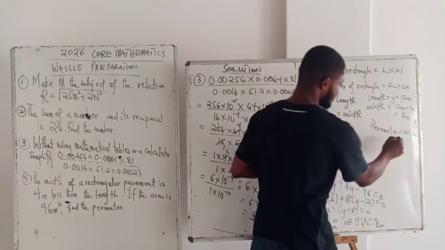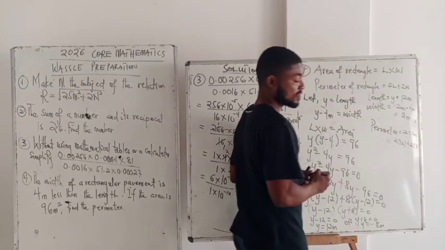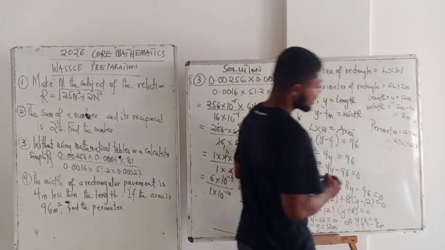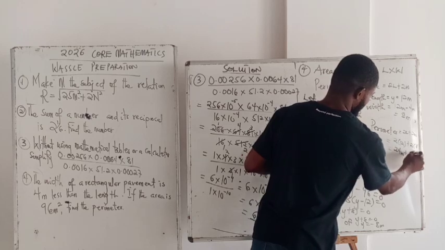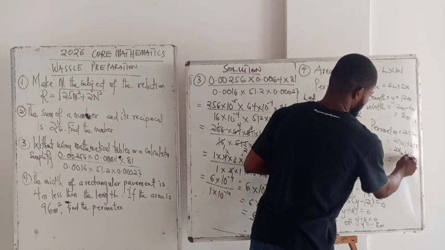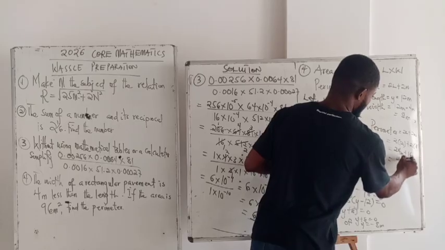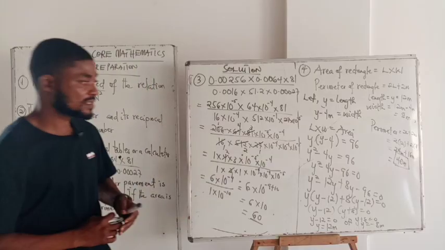Length now is 12. And then the width is also 8. So that will be giving us 40 meters.